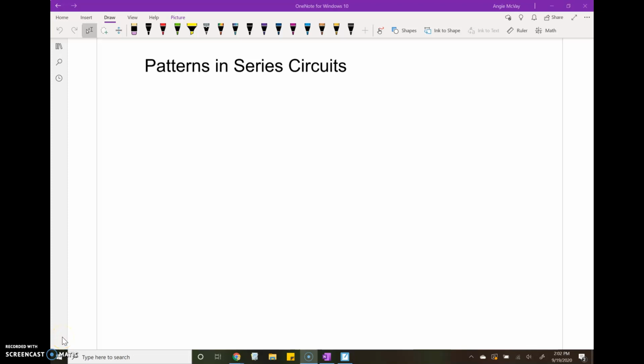All right, kiddos, let's take a look at the patterns that we noticed in series circuits. What you probably noticed is that the total current for all of the circuits seemed to stay the same, right?